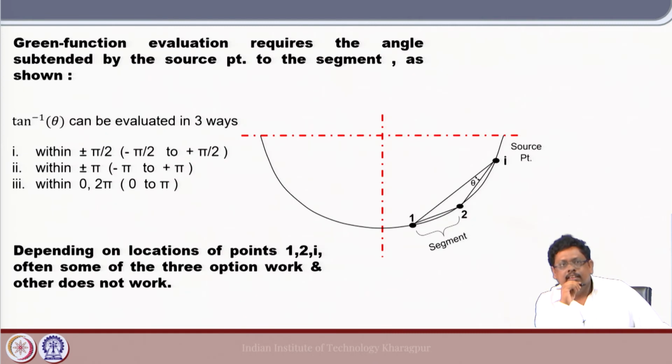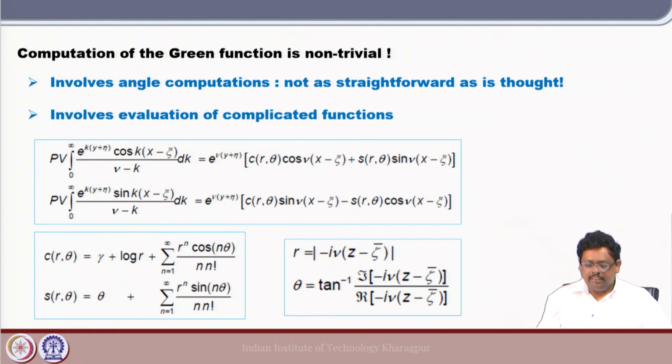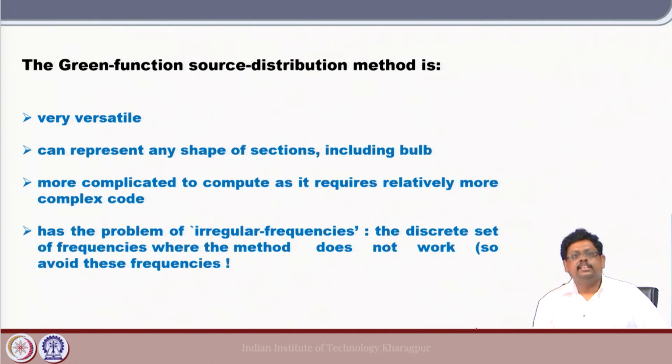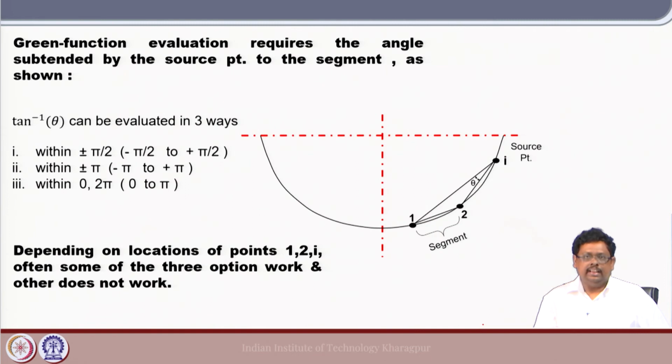Okay. And now, this is the main problem, as we mentioned before also. In my previous slide, I mentioned that this involves angle computation, which is not very straightforward. Now, you see what is happening here.